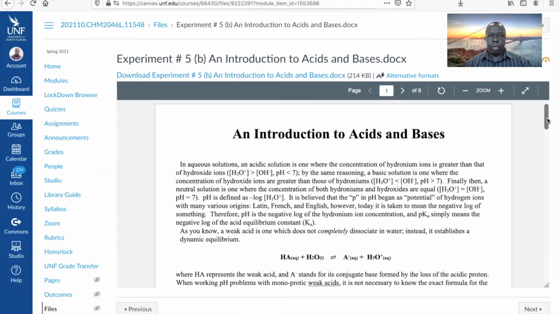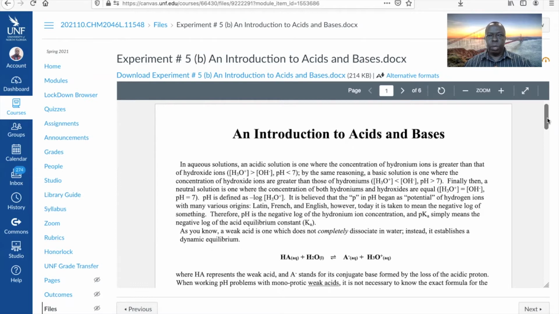Remember, the pH of a weak acid is not determined the same way as the pH of a strong acid. Even though we use the same equation, the difference lies in how to find the hydronium ion concentration.